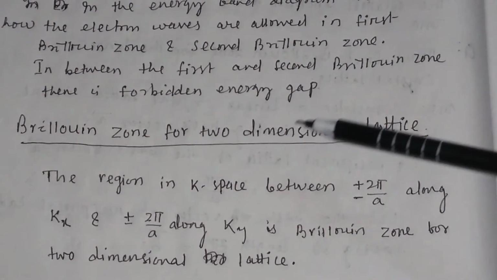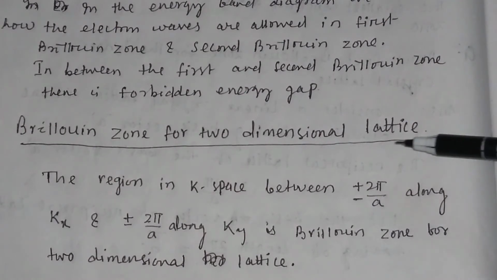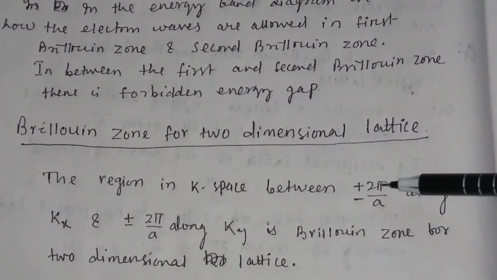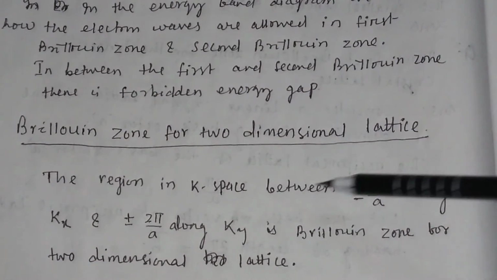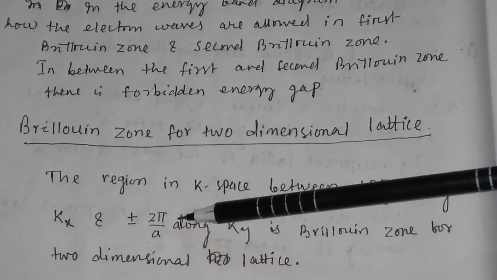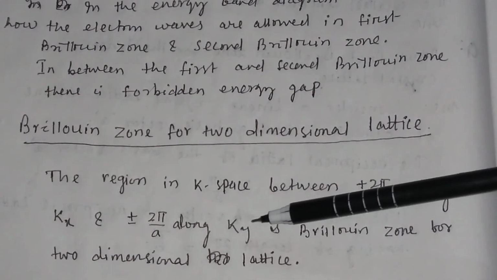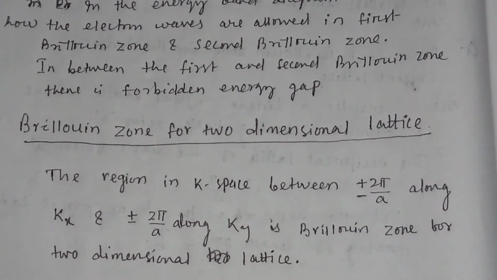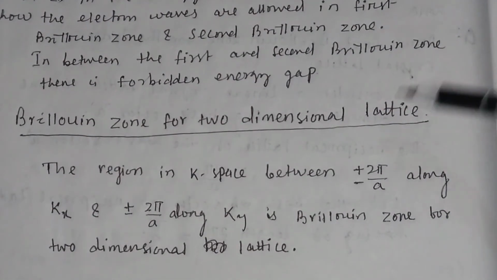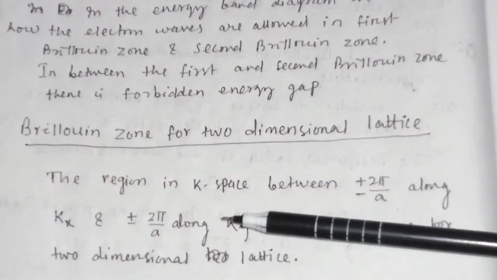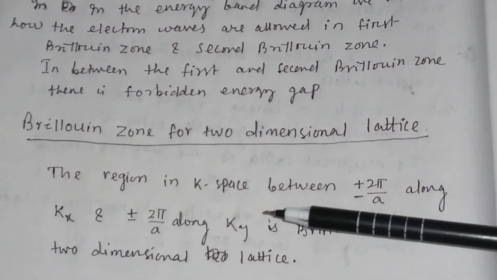Then what is the Brillouin zone for a two-dimensional lattice? The region in K space between plus minus 2π/A along, let us say, Kx and plus minus 2π/A along Ky is the Brillouin zone for a two-dimensional lattice. So here Kx is the vector along the x-axis and Ky is the vector along the y-axis.